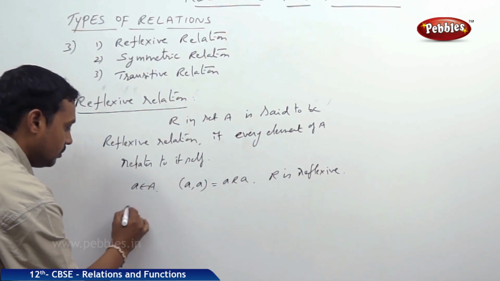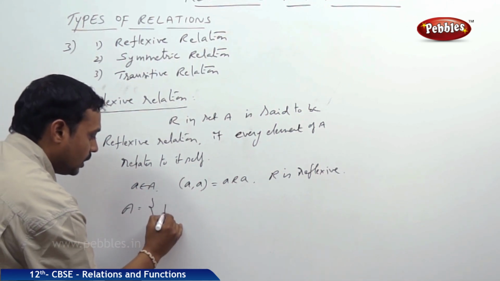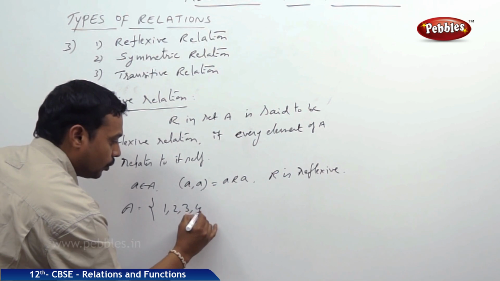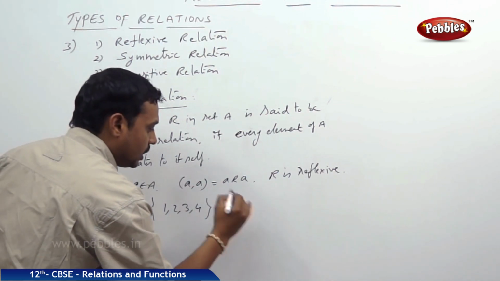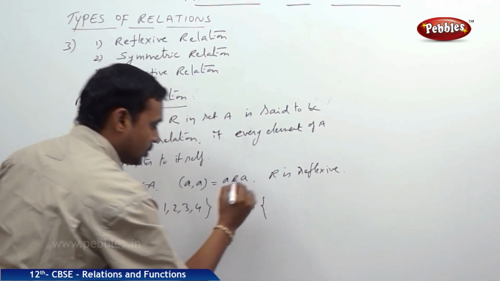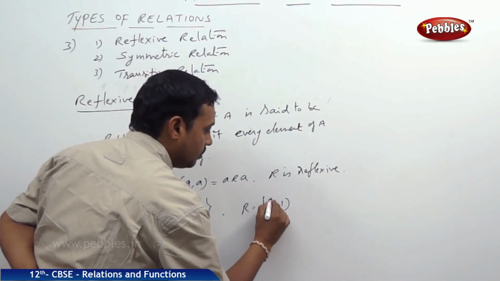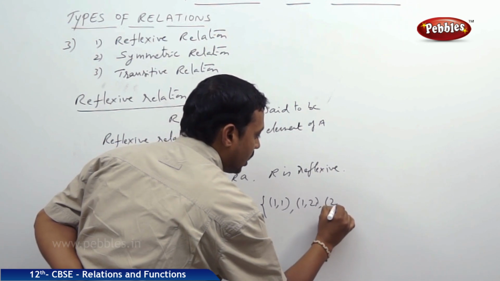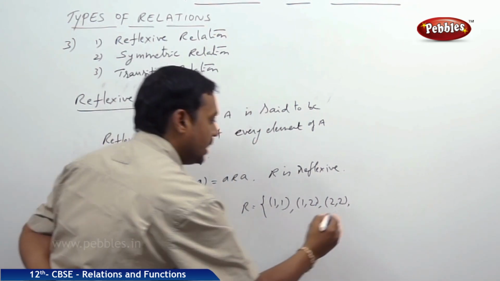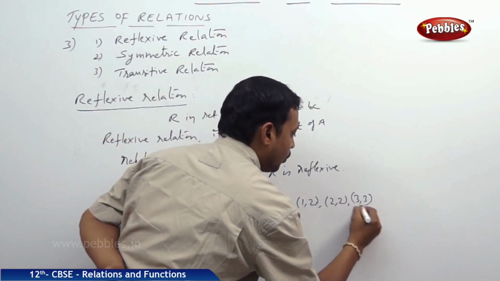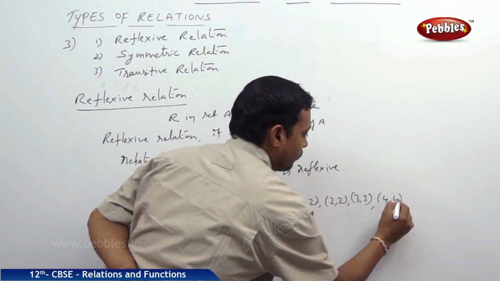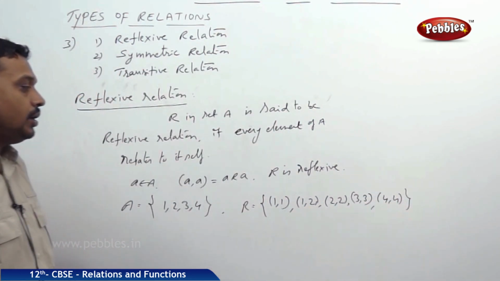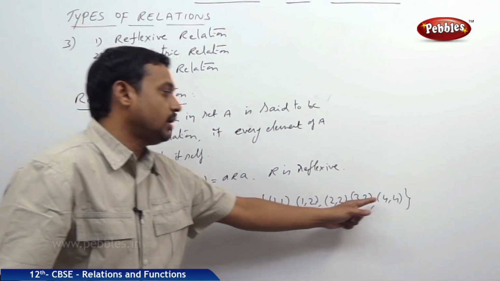For example, if A is equal to the set {1, 2, 3, 4}. Now, let us take one relation R is equal to {1 comma 1, 1 comma 2, 2 comma 2, 3 comma 3 and 4 comma 4}. See, 1 1, 1 2, 2 2, 3 3, 4 4.